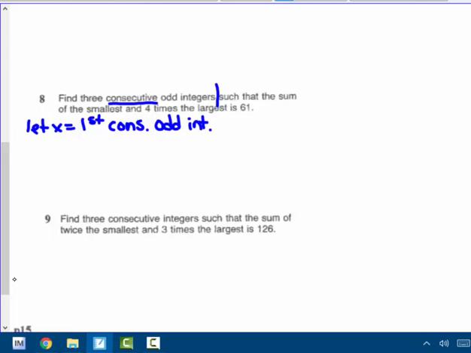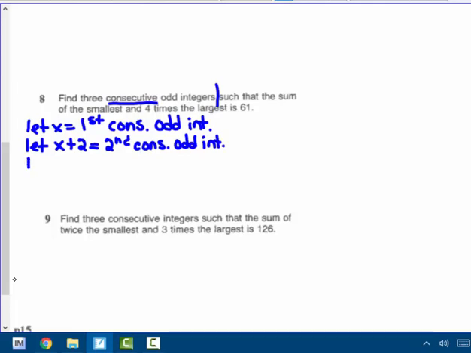Odd numbers are 2 apart from each other. So say I get the odd number 13. To get to the next biggest odd number, 13 plus 2 would give me 15. So if odd numbers are also 2 apart, the second consecutive odd integer must be my x, whatever I figure it out. If I add 2, then I'll get to the next odd number. So x plus 2 is the second consecutive, abbreviated, odd integer.